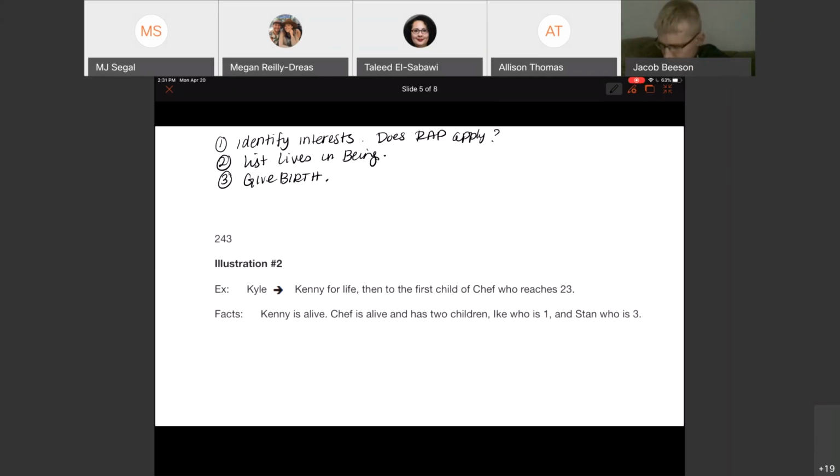By the way, your workbook makes this step 2 here. So if you're wondering, I'm using the same steps they do. I just put 1 and 2 together. Okay. So then you give birth to any afterborn children that might affect the vesting. Then you add 1 year, then kill off the lives in being.